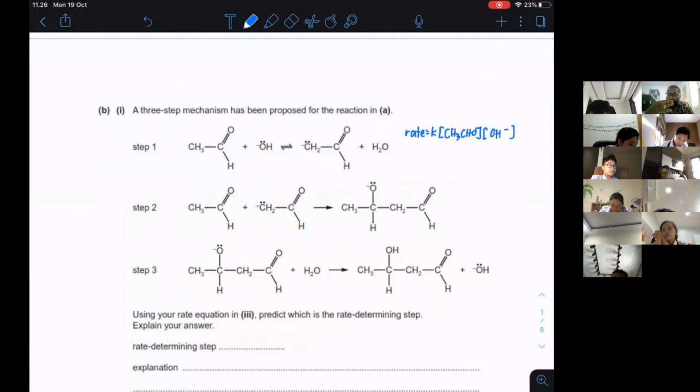So it means there is a slow step and fast steps. The slowest step will be the rate determining step. Using your answer in equation 3, predict which one is the rate determining step. So Arnetta, can you predict which one is the rate determining step? 1, 2, or 3?